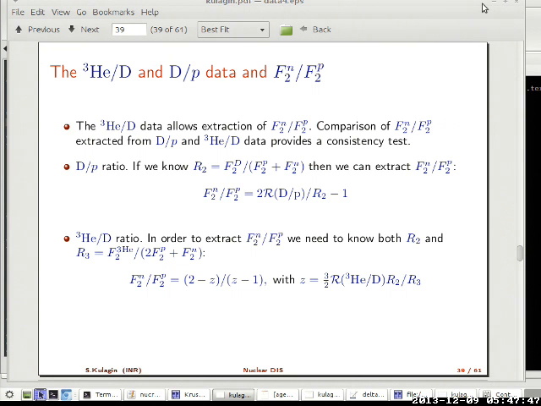Suppose we have the measurement. JLab provides the measurement of this ratio, helium-3 over deuterium, non-isoscalar ratio.